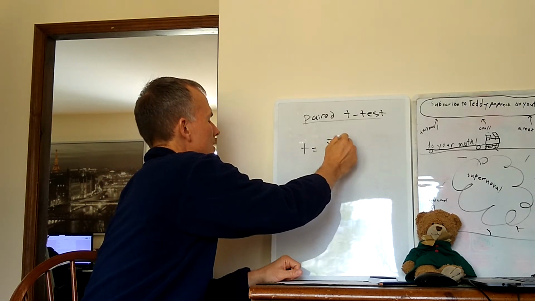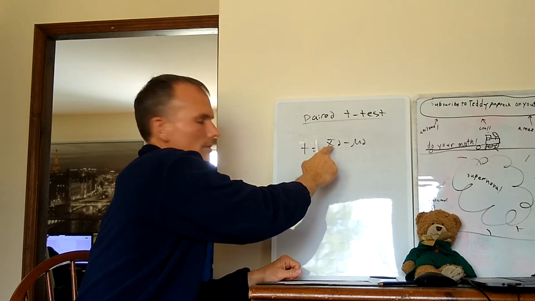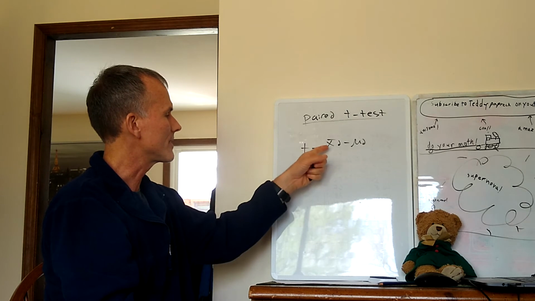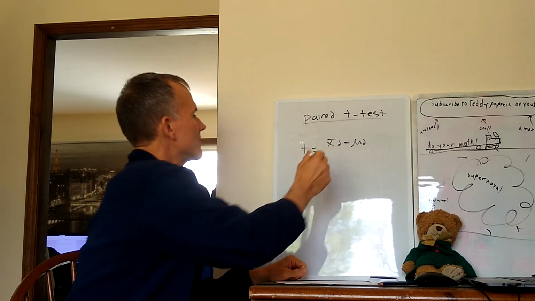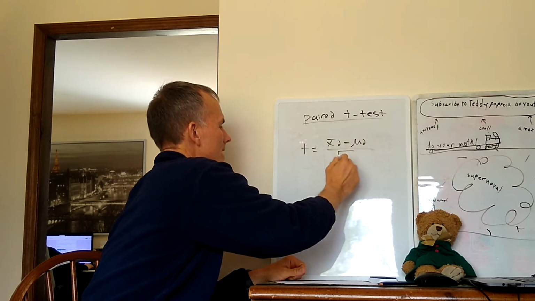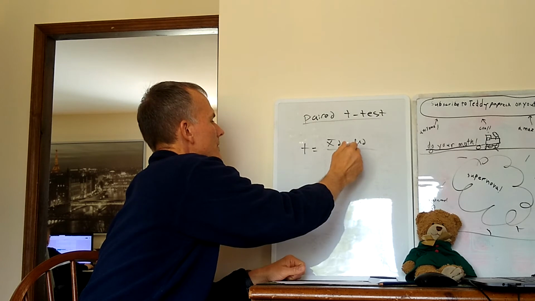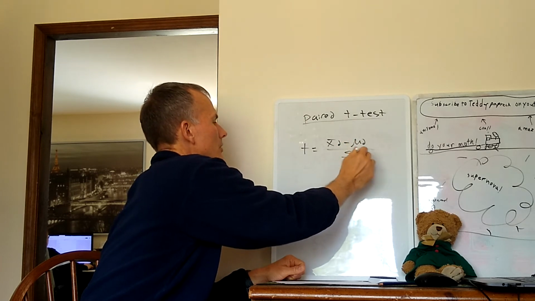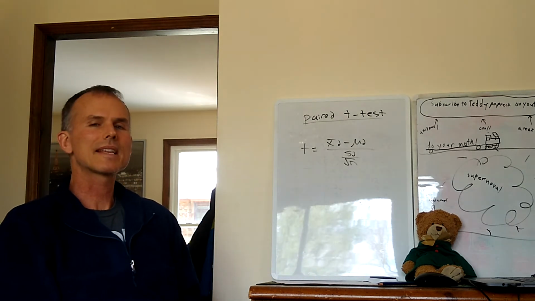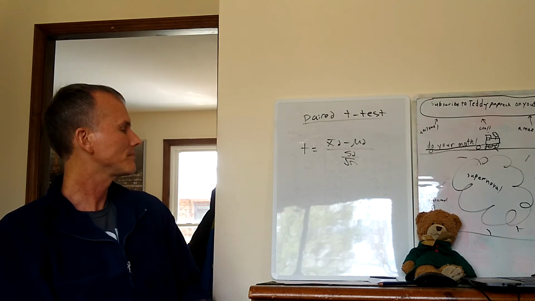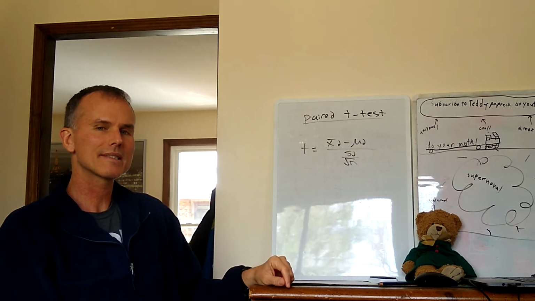X bar sub d minus mu sub d, the sample mean of the differences minus the hypothesized mean of the differences, divided by S sub d over square root of n. Okay, so that's the same test statistic that we used before. Observed minus hypothesized divided by the standard deviation of the test statistic.